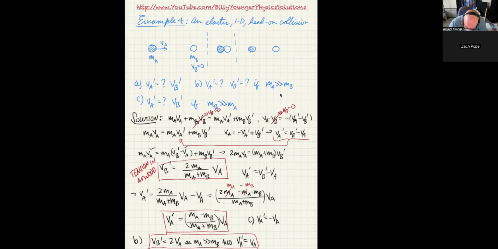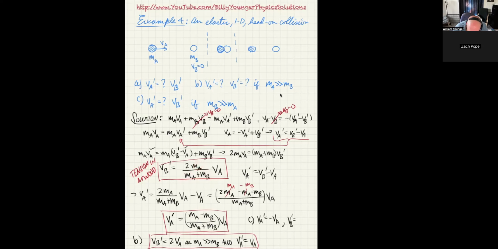Now, the other case is VB prime. And in that case, we're going to say MB is much, much greater than MA. So MB being much, much greater than MA means this part right here, MA plus MB, is just roughly MB. And then MB under MA is essentially zero.